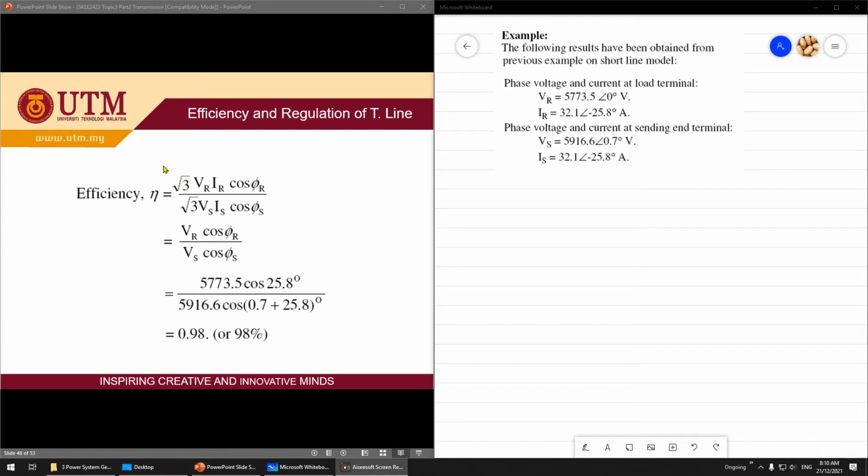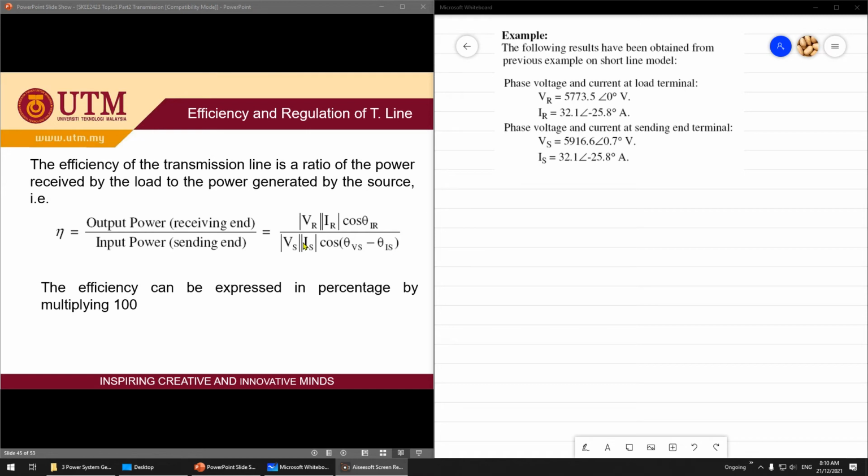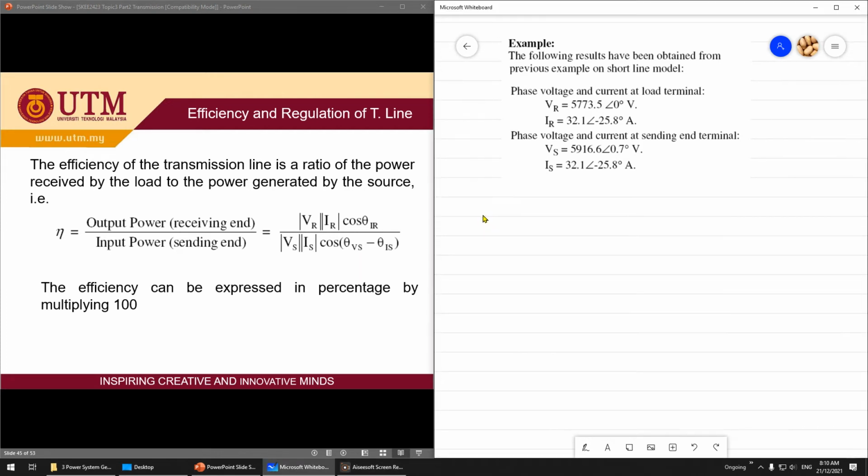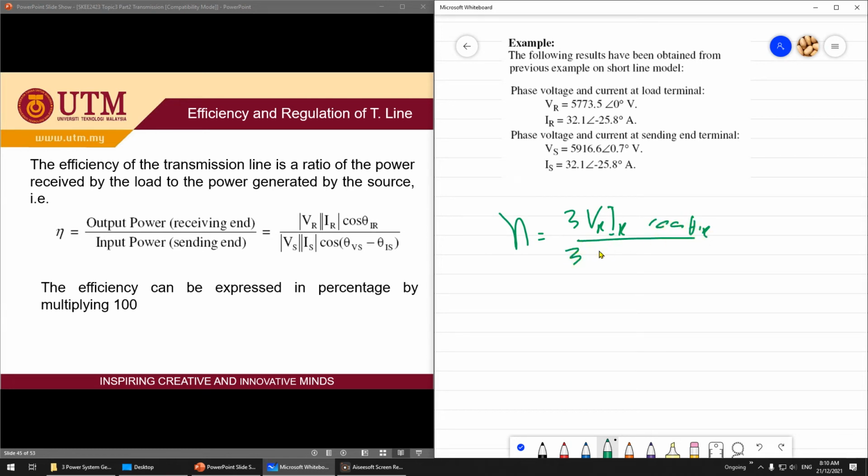Efficiency is equal to 3 VR IR cos theta IR, only the magnitude, divided by 3 VS IS cos(theta VS minus theta IS).